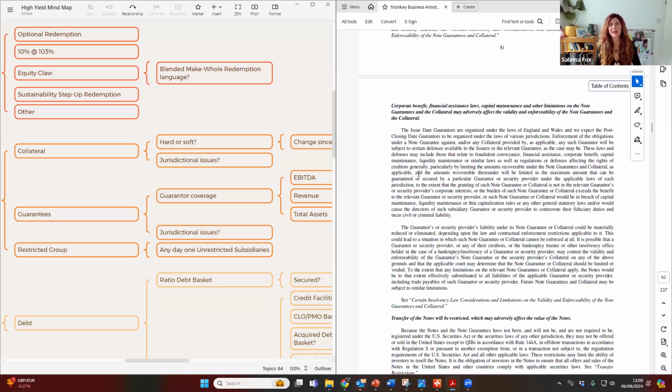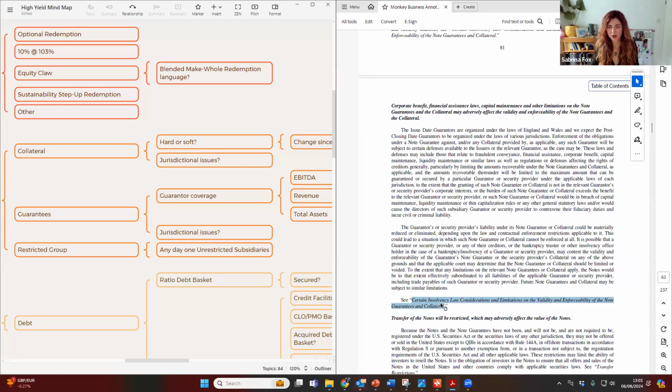There are some ways that they can construct or structure the guarantee to make it more valuable. We don't have that kind of fulsome disclosure here because the guarantees are what they are. So what you see is what you get. And it doesn't feel from this deal that they bent over backwards to make guarantees worth more. You just have a lower guarantor coverage than you might see in other deals where they are using some of this structuring. So this is what I would say rounds it up for the jurisdictional issues.